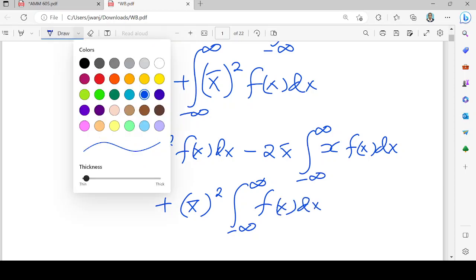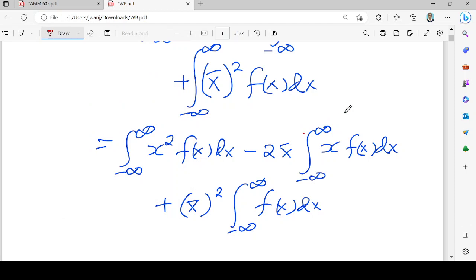Notice that this integral here will be equal to the mean x bar. This is by definition the mean x bar of the random variable.